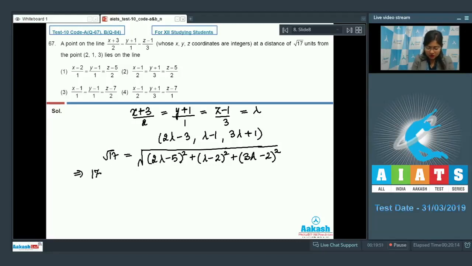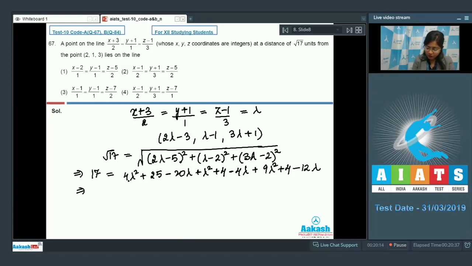So squaring on both sides, we will get 17 equal to 4 lambda square plus 25 minus 20 lambda, plus lambda square plus 4 minus 4 lambda, plus 9 lambda square plus 4 minus 12 lambda.